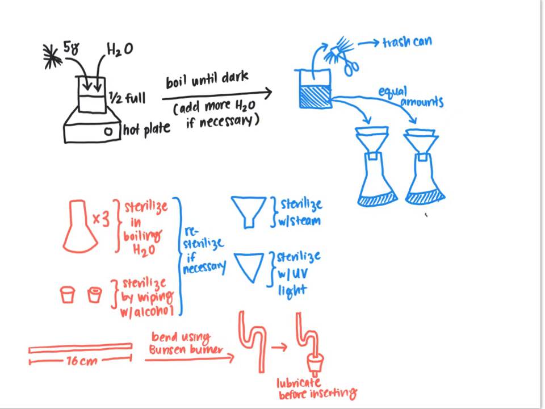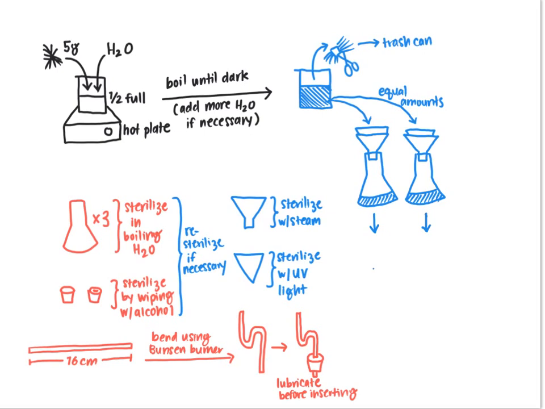Step 12 is to seal 1 sterile flask with a sterile solid rubber stopper and insert the sterile 1-hole stopper with bent glass tubing assembly into the second sterile flask. So essentially we're going to cap off both of these. I'm going to draw an arrow showing what's happening here.